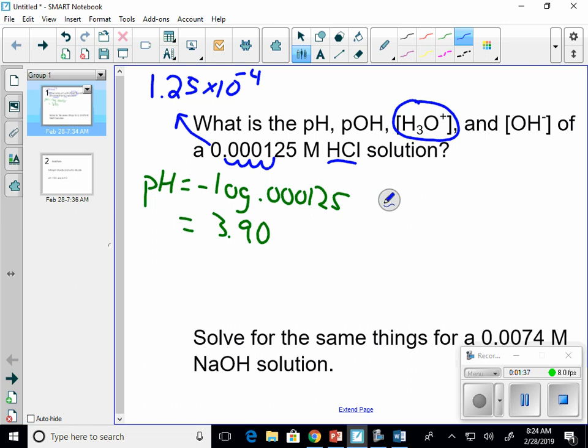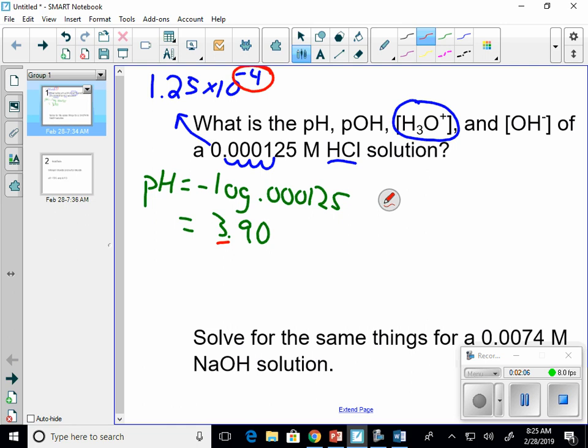Why I would do that is the number for the power of 10 corresponds to whatever you have in front of the decimal. And this is what made the very last WebAssign question a little tricky, because it gave you a number like 0.45, and you ended up with a pH of 13 point something afterwards, but it was hard to figure that out because you normally wouldn't put that in scientific notation.